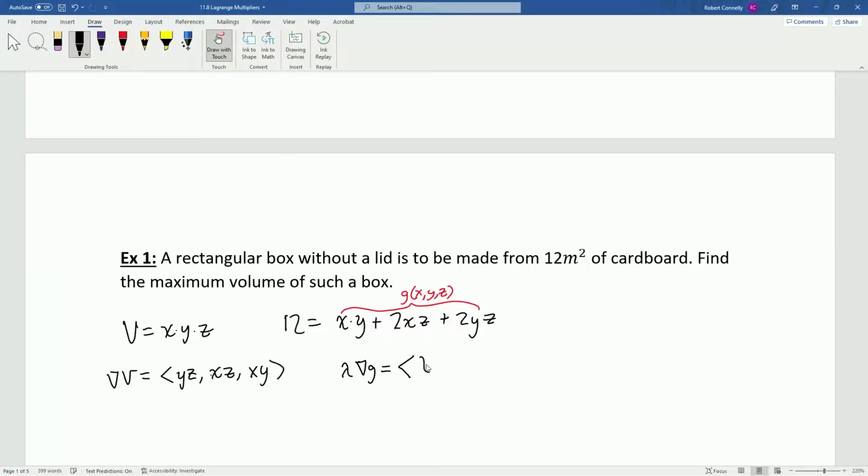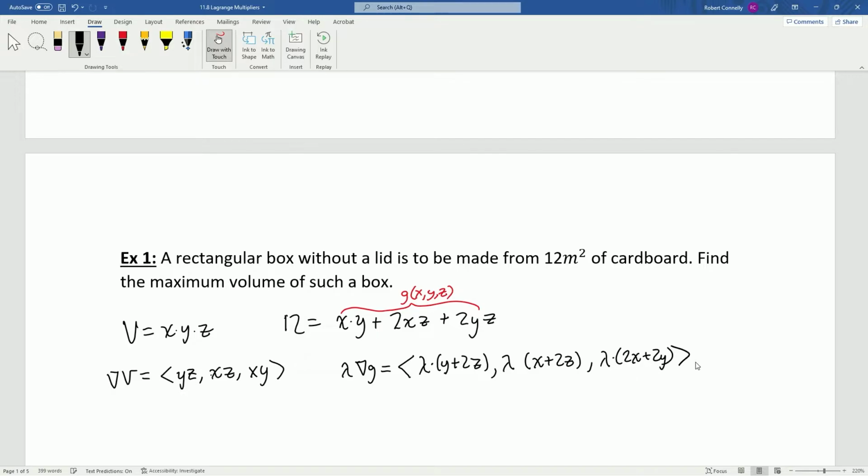So this gives us lambda times the derivative with respect to x, so that's y plus 2z. Then lambda times the derivative with respect to y, so that's x plus 2z. And then the derivative with respect to z, which gives us 2x plus 2y, times lambda.